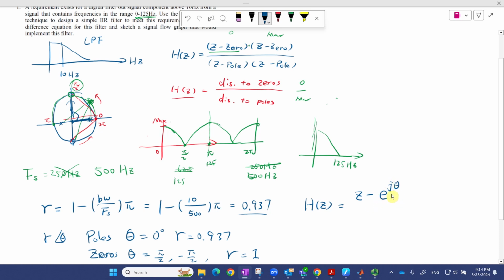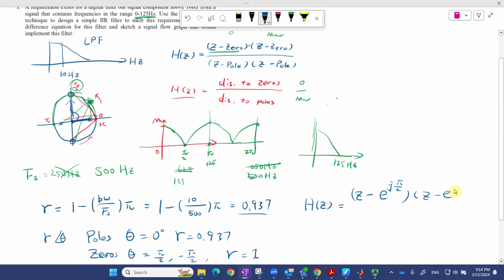Okay, so for the first pole and second pole, we can write it this way. I will just directly give you the form. The first one has an angle of half pi, and the magnitude is 1, so I'm not writing it.